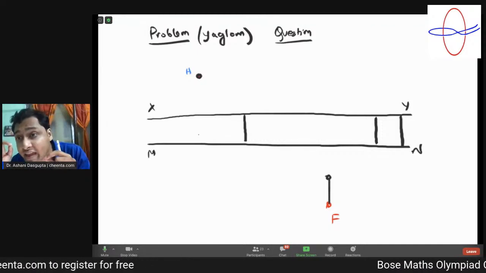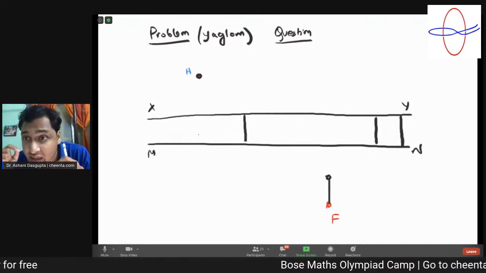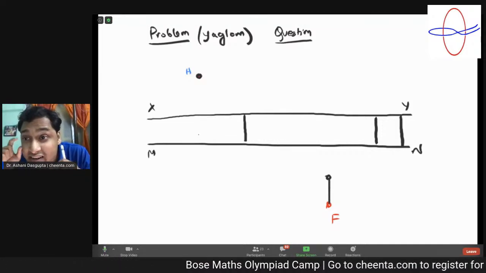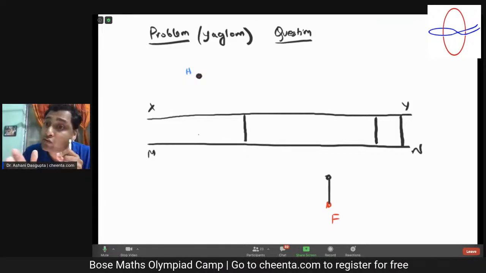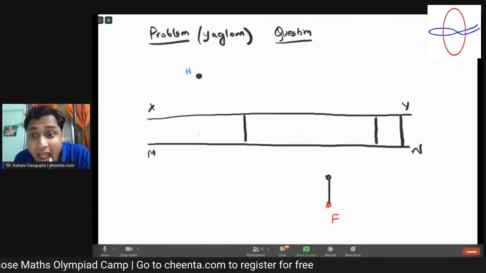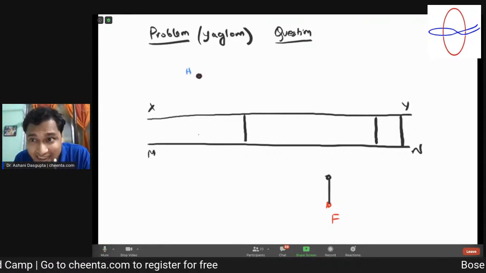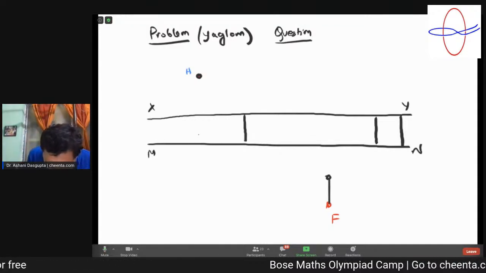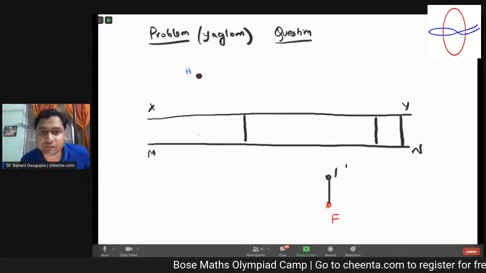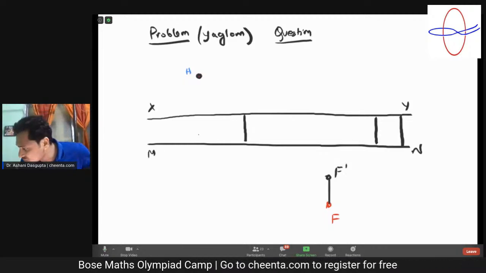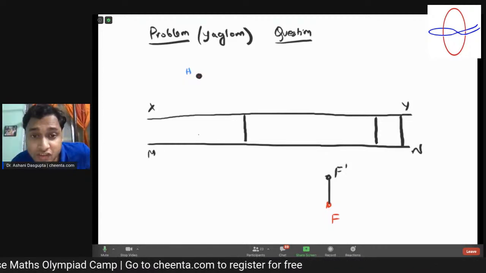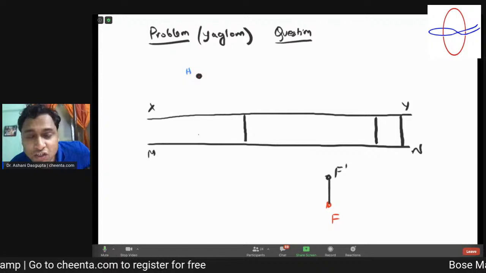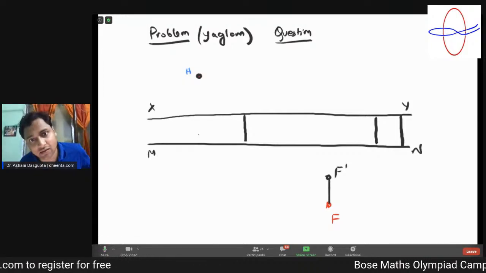He also gave me the direction, that is perpendicular to the bank of the river. Great. So we have a new position. Let's call that new position F'. What should we do next, Shaurodeep? Tell me.